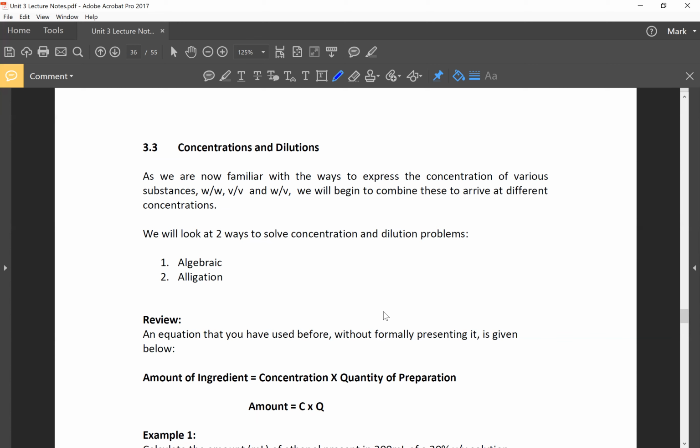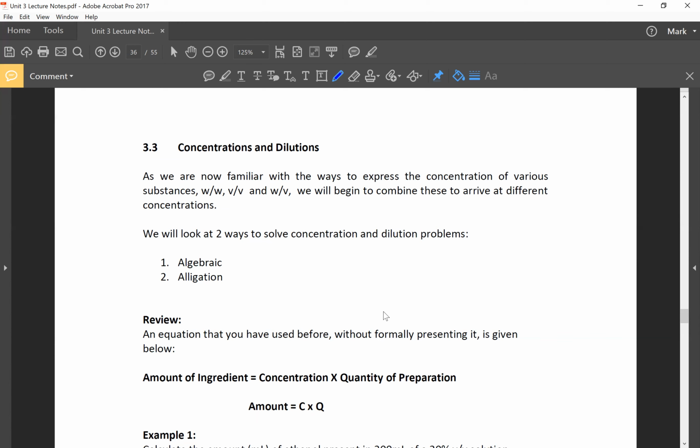So different than in chemistry, instead of using moles per liter or parts per million, we used percentage concentrations. Now we're going to look at, very quickly, we'll start this today and finish it tomorrow, two ways to solve concentration and dilution problems.